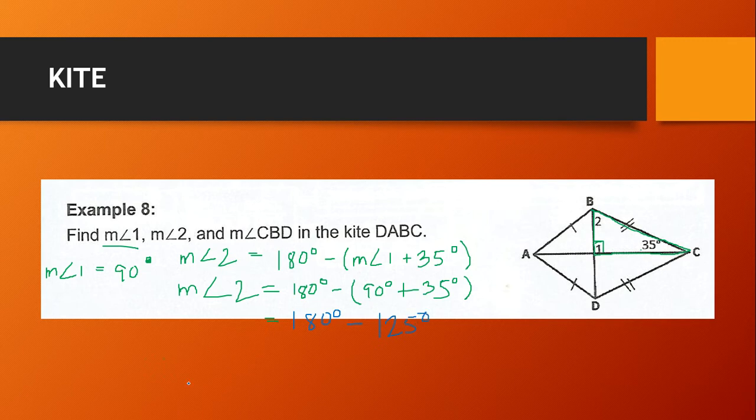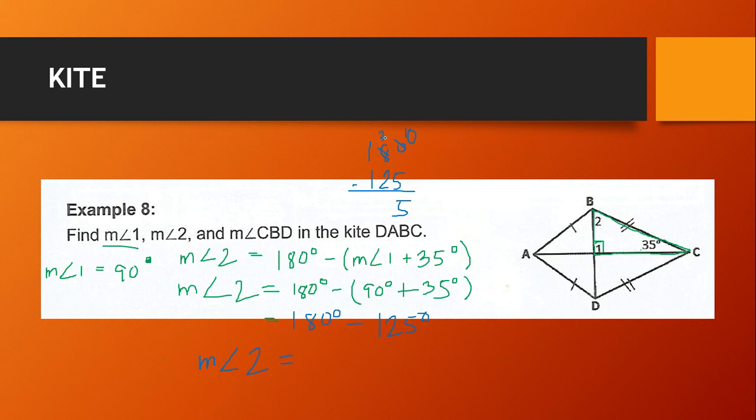Then we can now solve for the measurement of angle 2. Okay, just subtract. So the measurement of angle 2 equals 180 minus 125. So 10 minus 5, that is 5. Then 8 becomes 7.